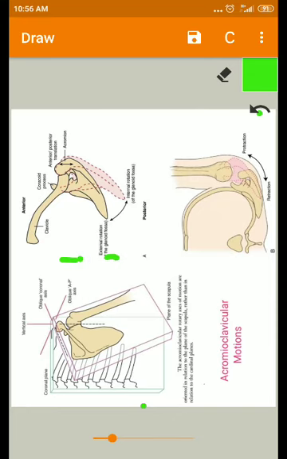And because of the inconsistent results or studies of acromioclavicular joint motions, these movements, internal and external rotation, anterior posterior tilting, and upward and downward rotation, are going to be studied at the plane of the scapula. That means we are going to study all these movements in the plane of the scapula.